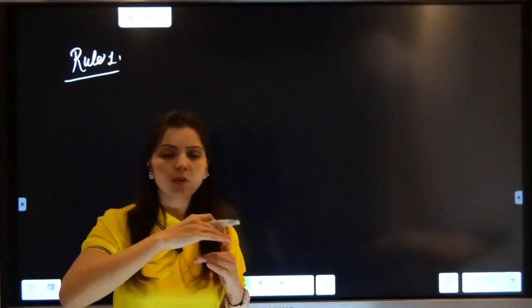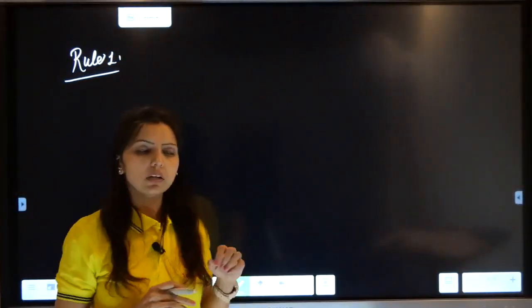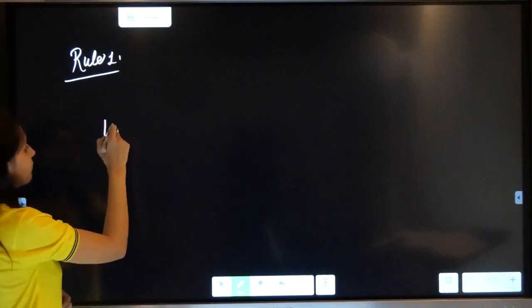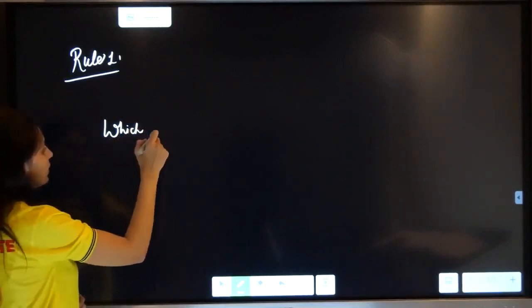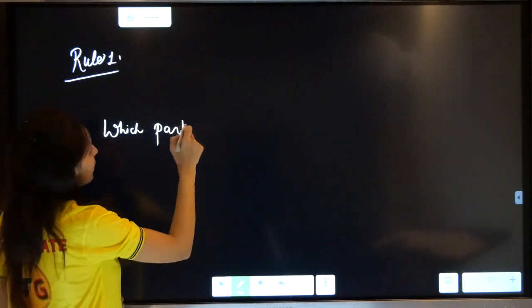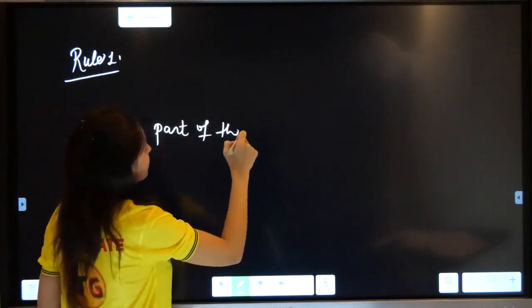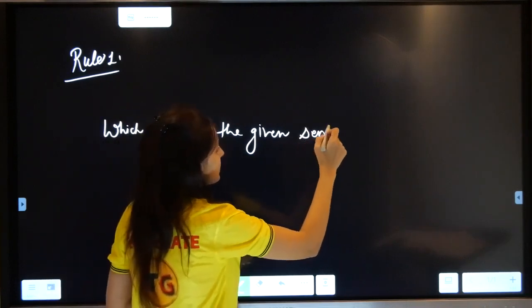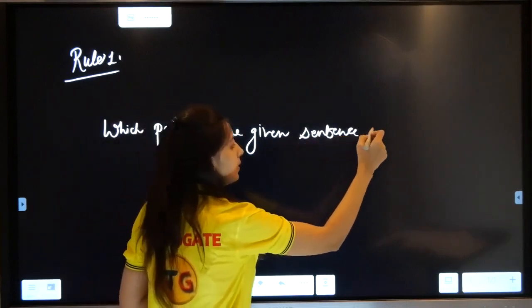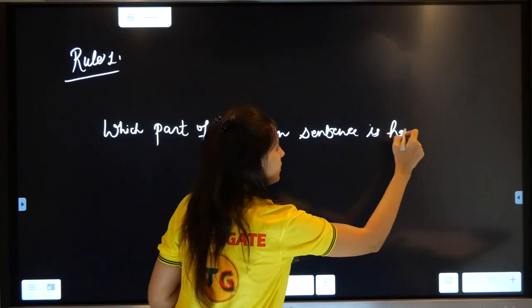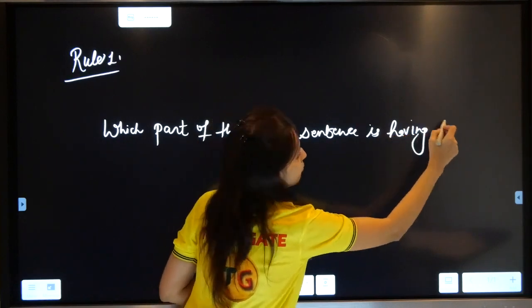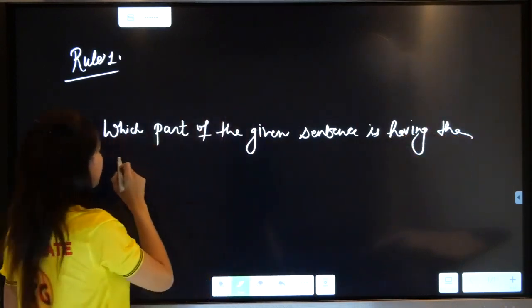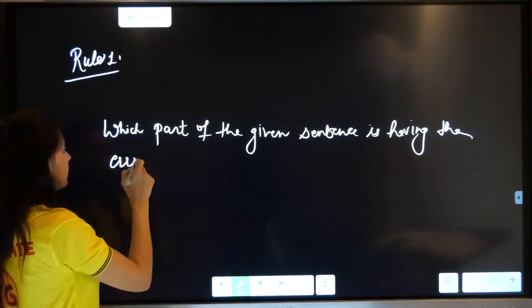In your exam you will get some sentences, and above the sentence one statement will be given. Your question will be like this: which part of the given sentence is having the error?